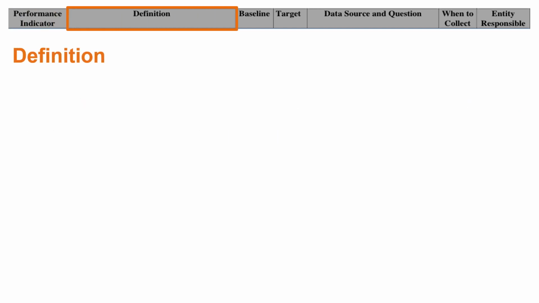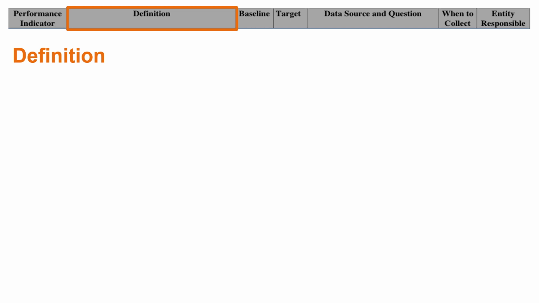Our second component is the definition, which is where we clarify all terms necessary, provide detail on how to calculate the data collected to measure the change expected, and include any disaggregations that need to be reported for the indicator. You can also think of the definition as the place where you provide all information necessary to ensure that the indicator is specific.